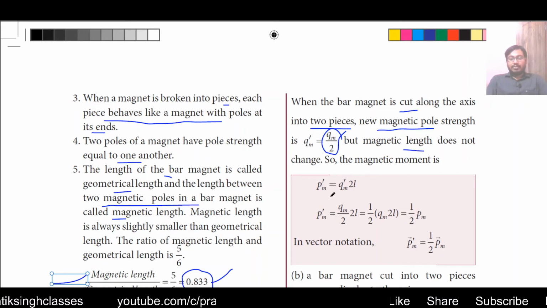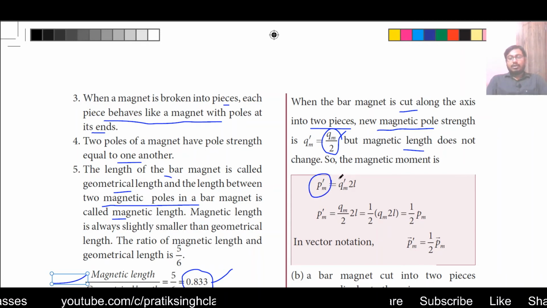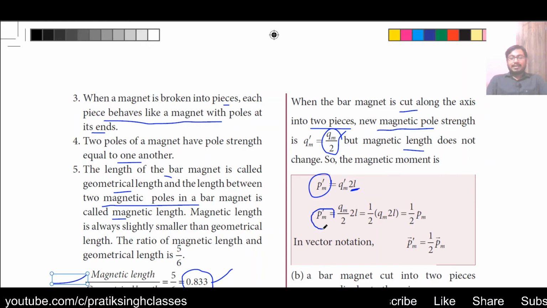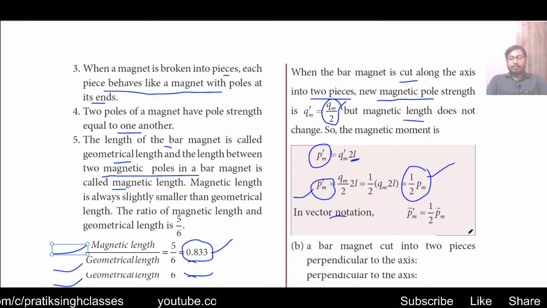So the new magnetic moment P'm equals Q'm into 2L, or P'm equals Qm by 2 into 2L, because in place of Q'm we can write Qm by 2. That is half of the previous one. So the new magnetic moment is half of the original, and in vector notation we can write vector P'm equals half of vector Pm.